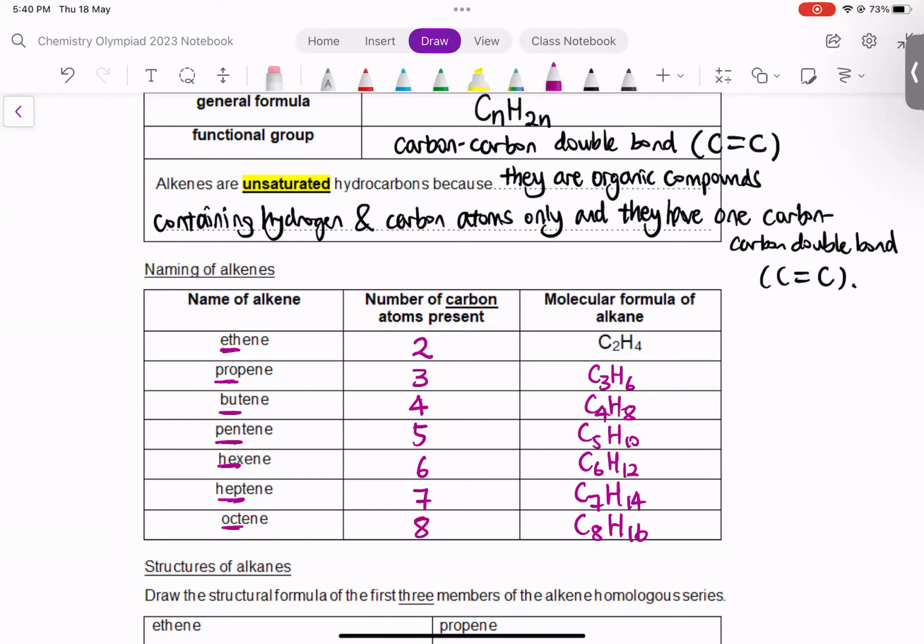Importantly, after you fill in the molecular formula, you realize that there's a pattern. Between every single member, you will add a CH2 group. To go from C2H4 to C3H6, you add a CH2 group, and so on and so forth.